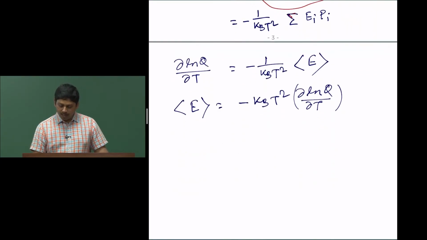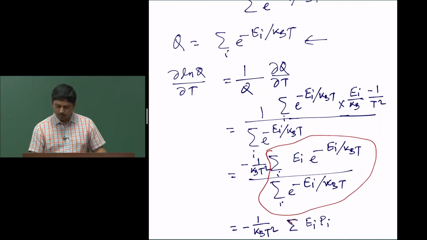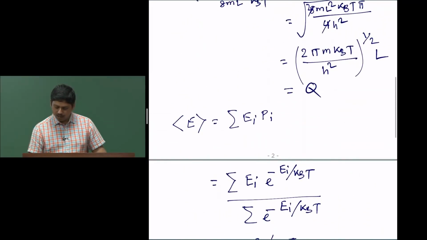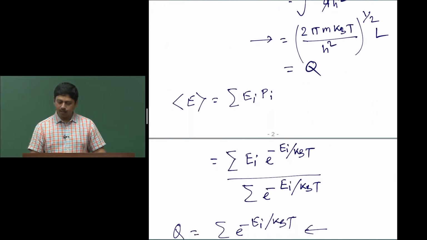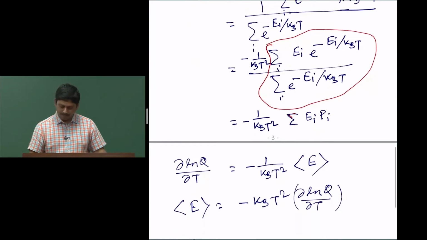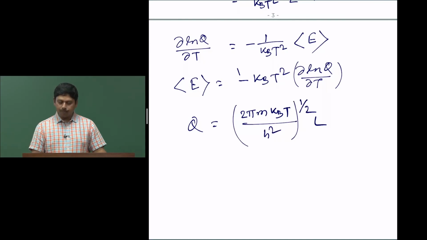Why do I do that? Because I have my q already written. What was the q? I will show you. My q is this quantity, 2 pi m k_B T by h square to the power half into L. So, that means I have to do del ln q.